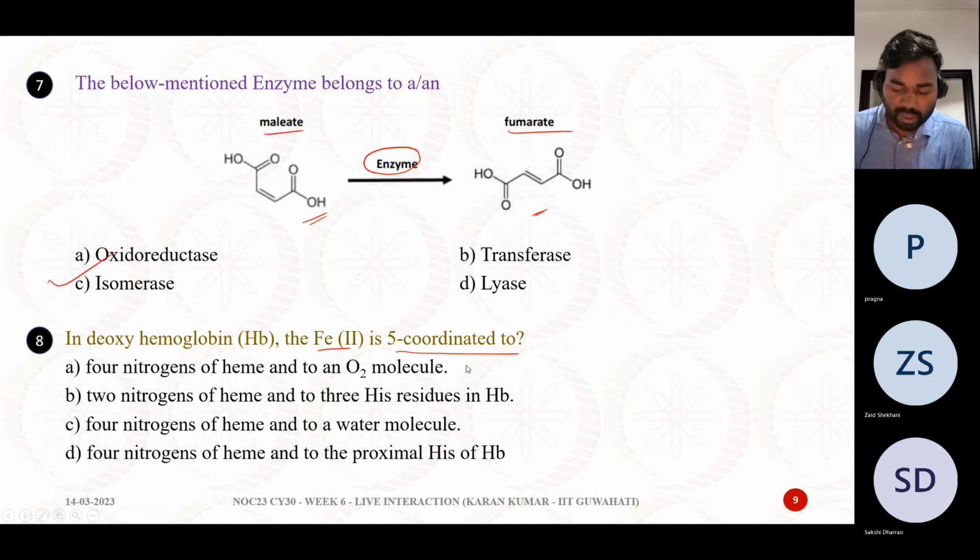So I was talking about this question. Question number 8. In deoxyhemoglobin, in the deoxy state, the ferrous 2 ion will be coordinated to where? 4 nitrogens of the heme group and an oxygen, or 2 nitrogens of the heme and 3 histidine residues in Hb, 4 nitrogens of the heme and a water molecule, or 4 nitrogens of the heme and the proximal histidine of hemoglobin. Which is correct?